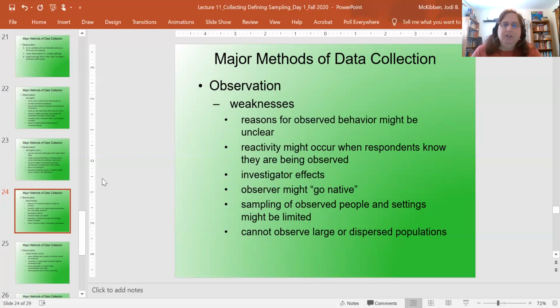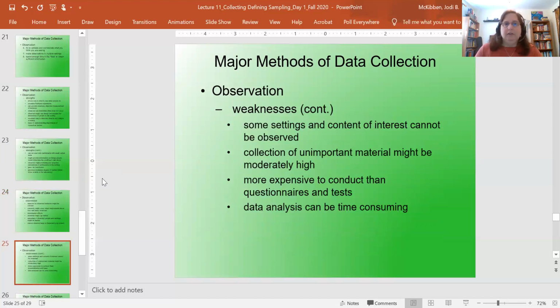Now here's another one. The observer might go native, which basically means that the observer becomes too involved in the situation. You might be limited in how many different people or settings that you can observe. And you can't really get at large or dispersed populations this way. Certain things cannot be observed, right?